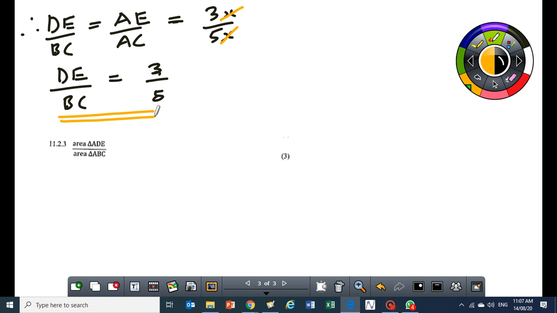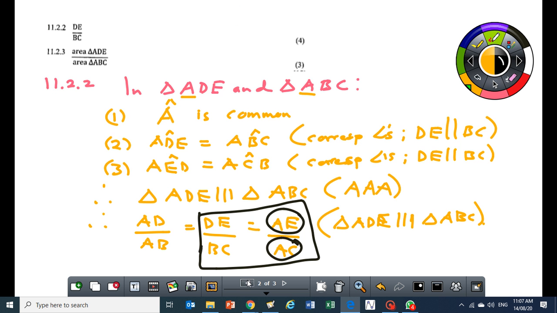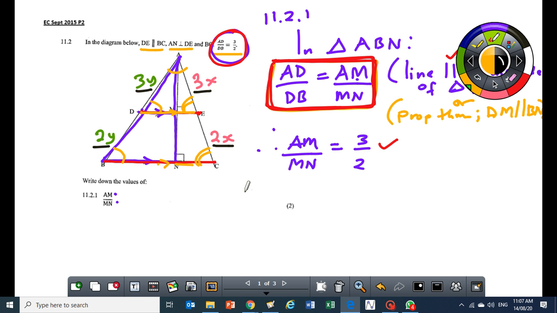So here, if you go back, we want ADE over ABC. If you look at that triangle, we want the area of ADE over the area of ABC. What is the ratio of their areas?